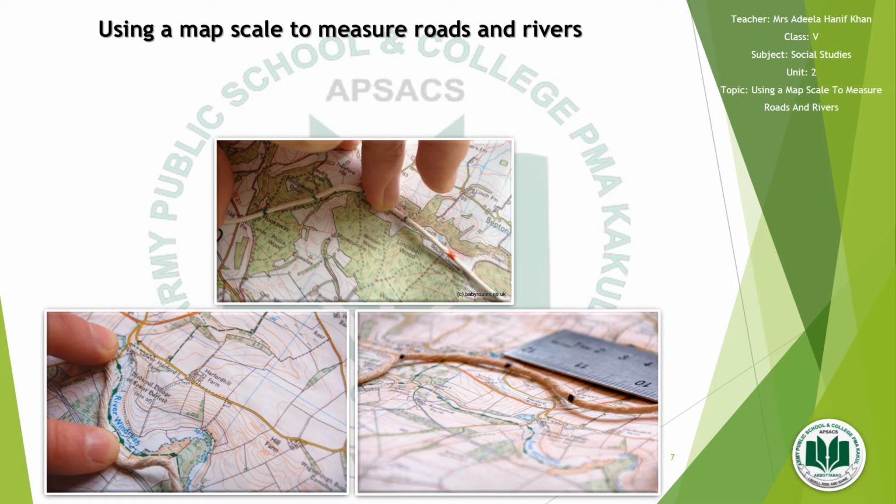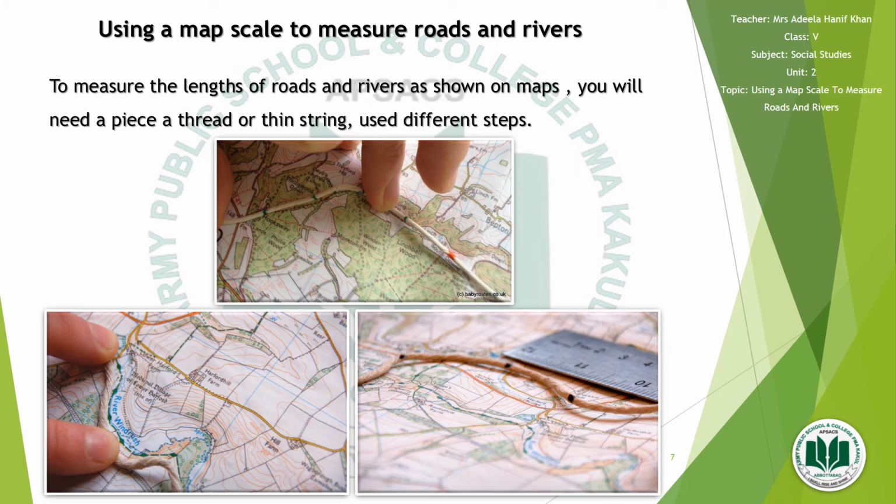Using a map scale to measure roads and rivers. Students, to measure the lengths of roads and rivers as shown on maps, you will need a piece of thread or thin string. Use different steps.